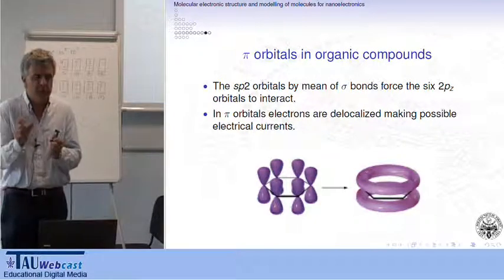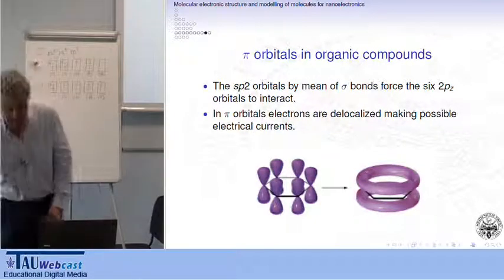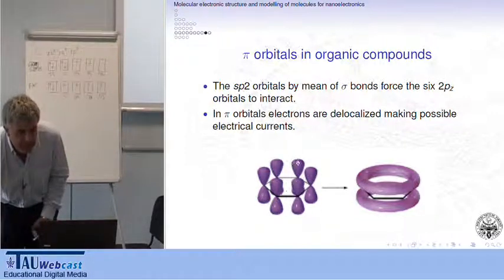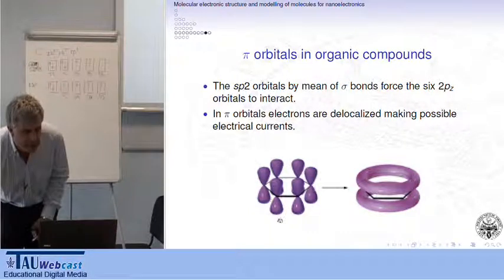with each other, because the length of this bond puts the pz orbitals so near each other that they will interact. This kind of condition is called conjugated.